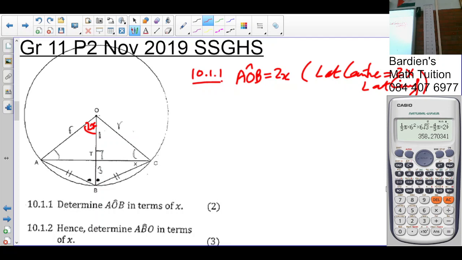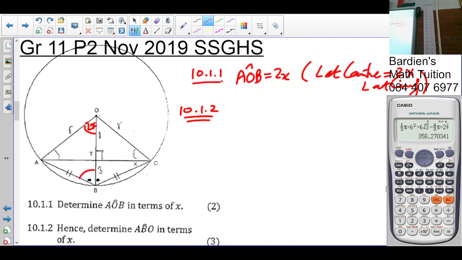In the past we just used to say angle at center. No? But you're going to be penalized if you say that. Okay, you must say angle at center is twice angle at circumference. Okay. In 10.1.2, the question says, hence determine ABO in terms of x.